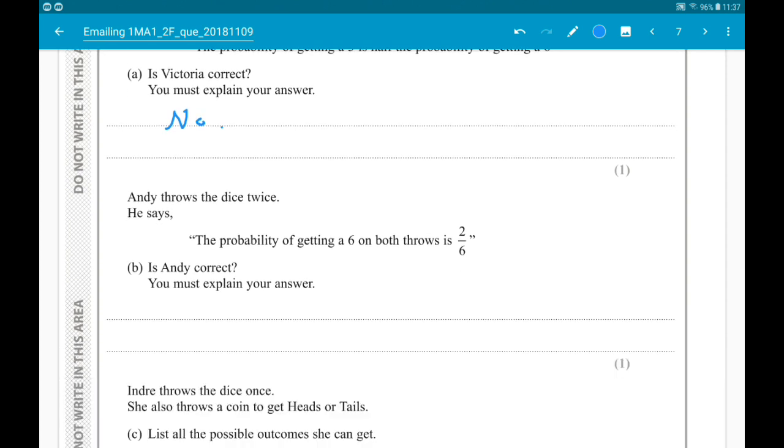Part B. Andy throws the dice twice. He says the probability of getting a 6 on both throws is 2 out of 6. Is Andy correct? You must explain your answer. So again, Andy is not correct.